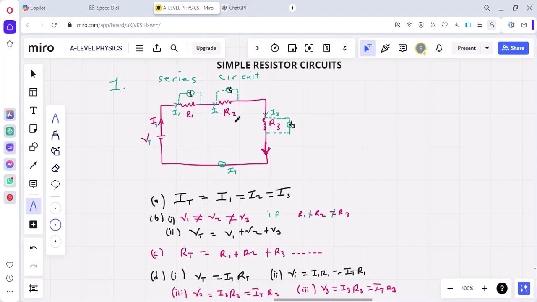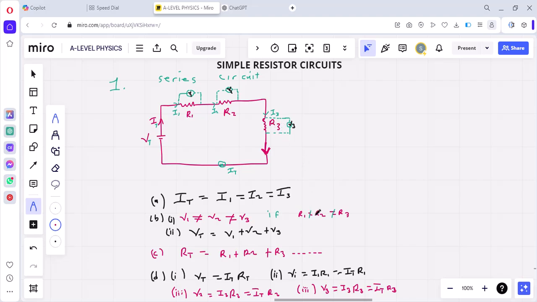Here the voltage drop might be 1. Here the voltage drop might be 10 depending on the size of the resistor, which implies that the voltage across resistor 1 is not equal to the voltage across resistor 2, and it is not equal to the voltage across resistor 3.